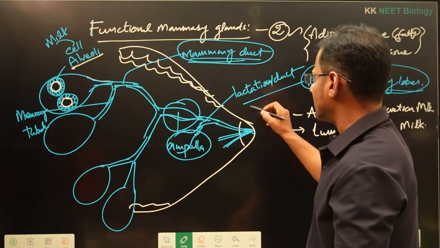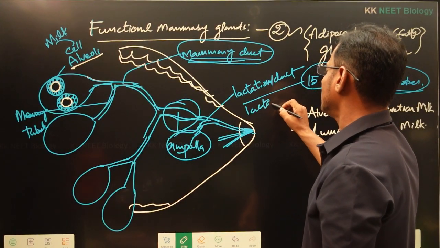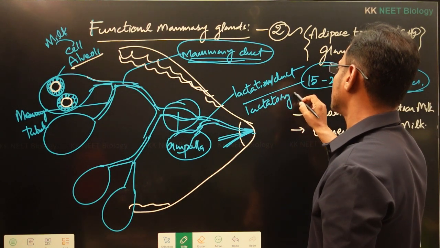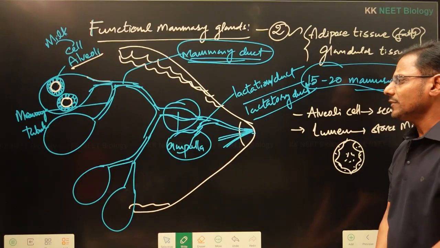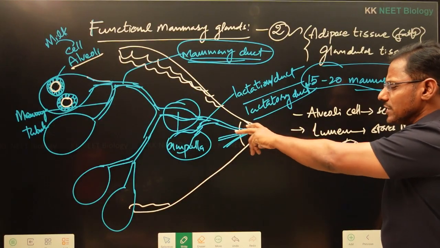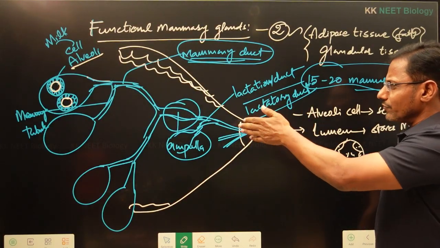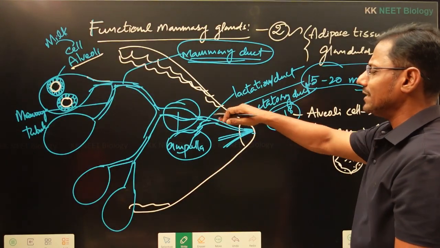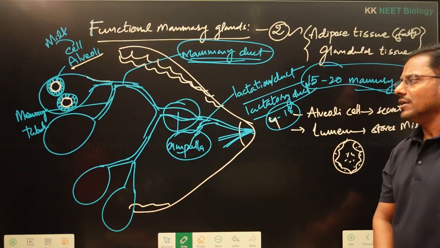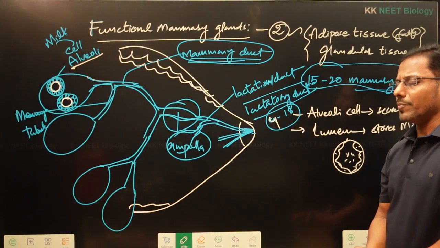We can also say lactatory duct. These lactatory ducts generally open into the nipple, and generally 4 to 8 lactatory ducts are present in a mammary gland. This is the complete structure of the functional mammary gland.